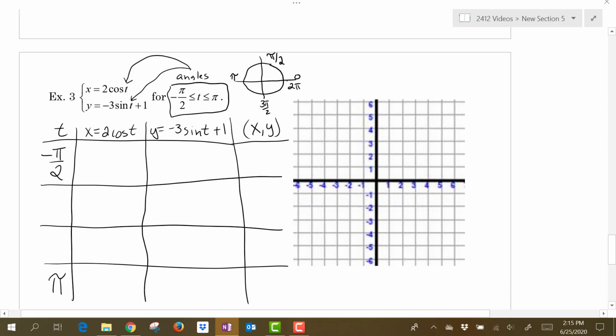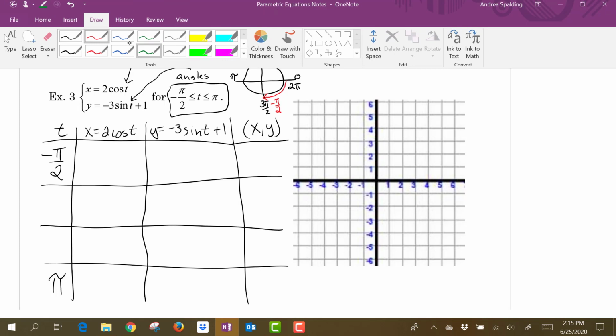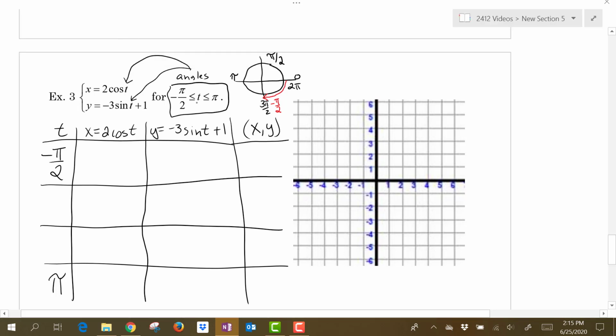Remember, that means that the angle is rotated in the negative direction one quadrant. So there's negative pi over 2. Now we're supposed to go up from there. So we're supposed to move now in the positive direction. So starting at negative pi over 2, the next nice quadrantal angle then would be 0.